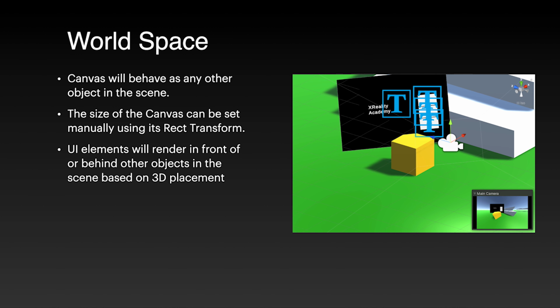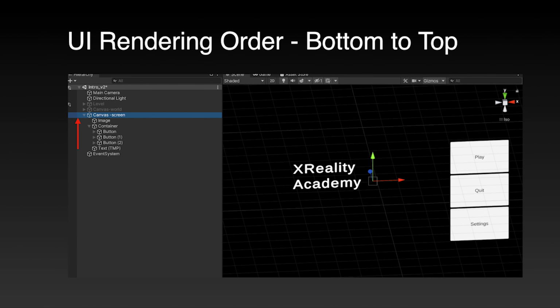Okay, so as for UI rendering order, it's bottom to top, which means that if you want to start rendering stuff, right? Outside of the canvas system, it's from top to bottom. Whatever you put on the top will be rendered first.